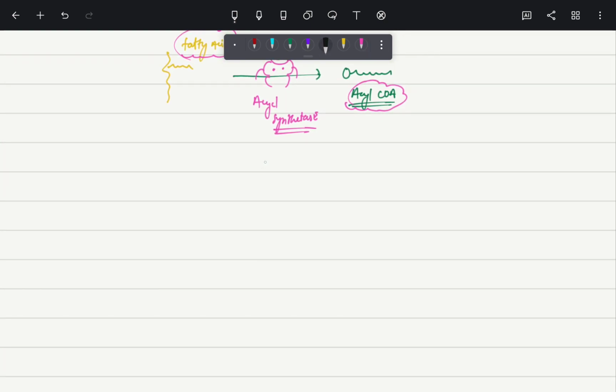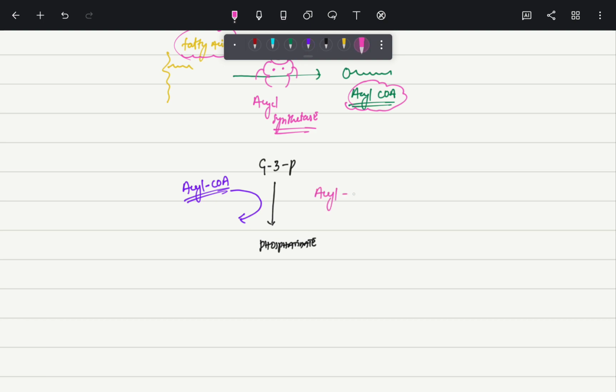Because I already told you that glycerol 3 phosphate will eventually get converted into phosphatidate, and during this step we have to donate the acyl group from the acyl CoA.